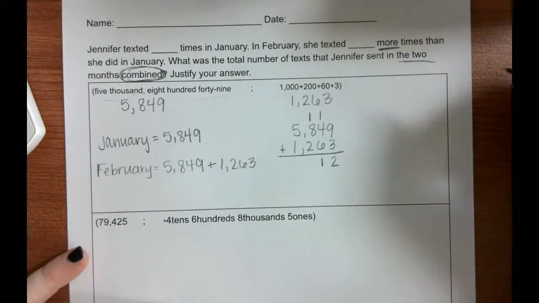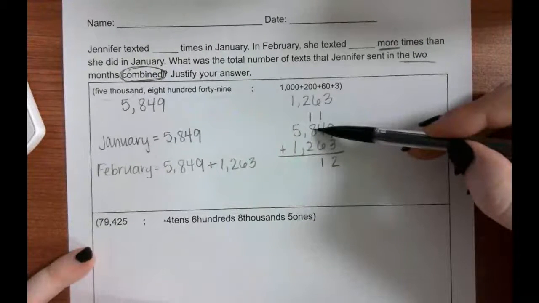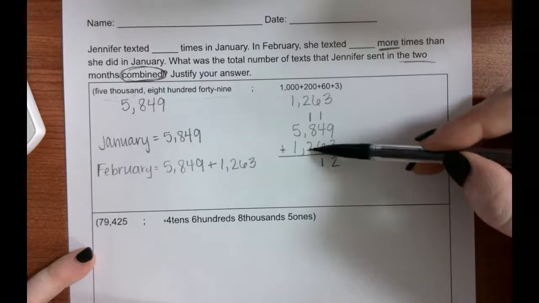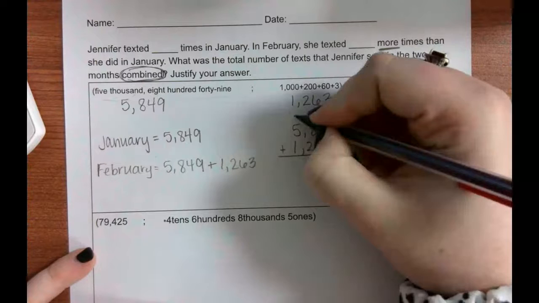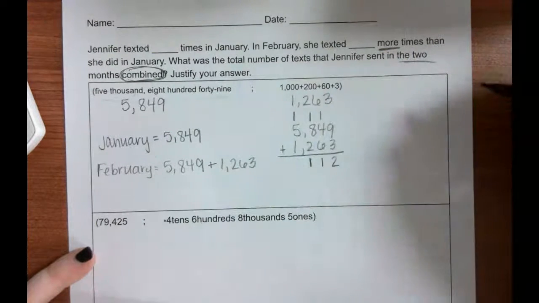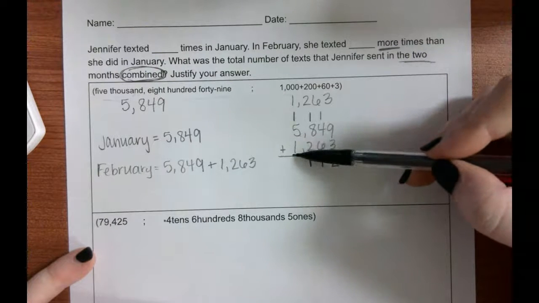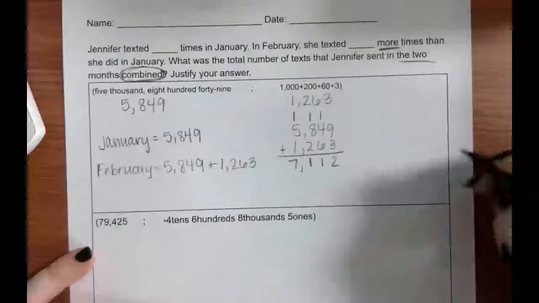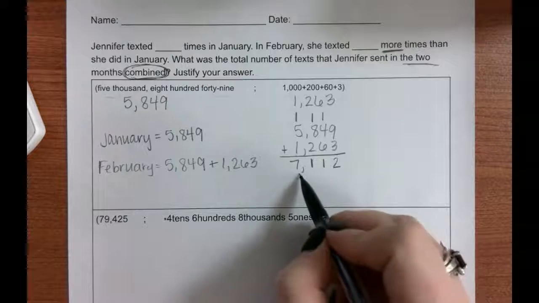Then I move to the 100 spot. 1 plus 8 is 9. 9 plus 2 is 11. So I'm going to drop my 100 because it's actually 1,100. Carry my 1. So 1 plus 5 is 6 plus 1 is 7. So 7,112.